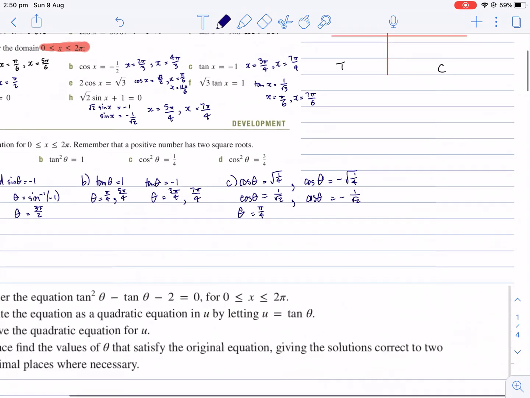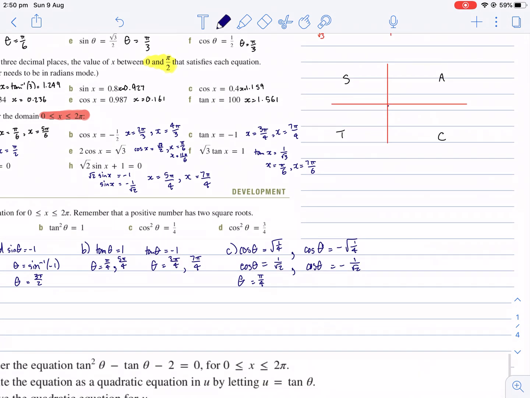The other value that'll give us a positive for cos is going to be down here, pi on 4 down, which is 7 pi on 4. For it to be negative, instead we're going to be here and here. So this is pi on 4, this is pi on 4. So we've got 3 pi on 4 and we've got 5 pi on 4.